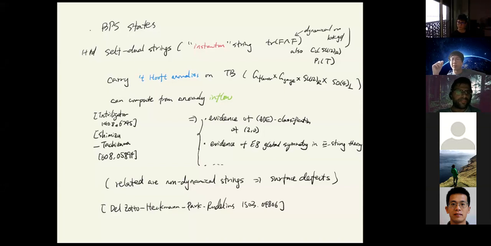Well, I don't remember what they did actually. But I think they engineered some 5D N=1 theory from 6D (2,0) compactified on a circle with outer automorphism twists. Some recent paper. Not sure if one of the authors is in the audience.